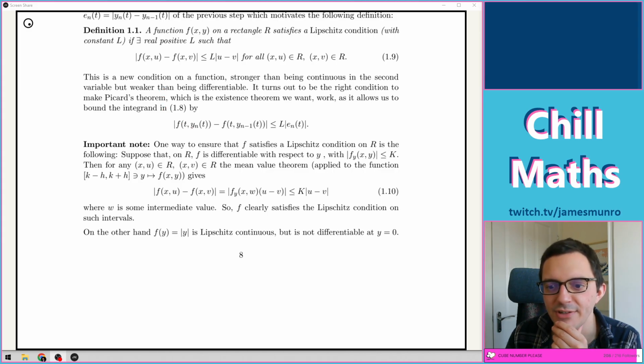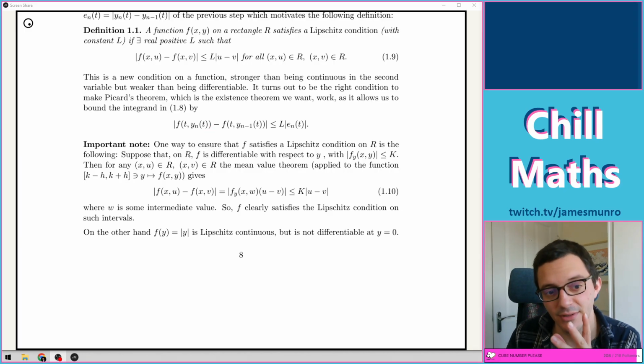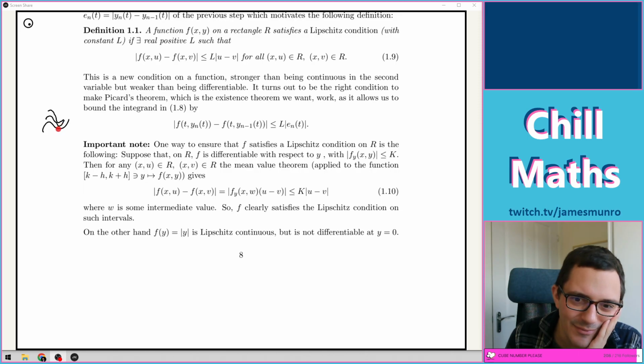Right, because then we can bound stuff. We can say, aha, the difference in these second variables, the y values that we're putting into the function on the right hand side of our differential equation, the change in the function hasn't changed very much. So we're kind of calculating a sequence of functions, and our functions go to different places.